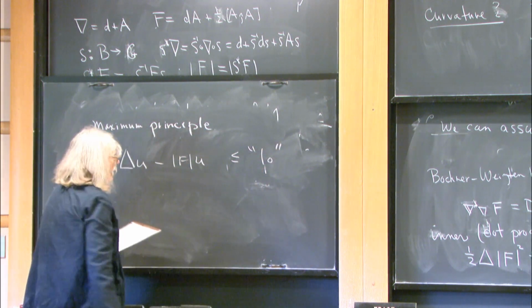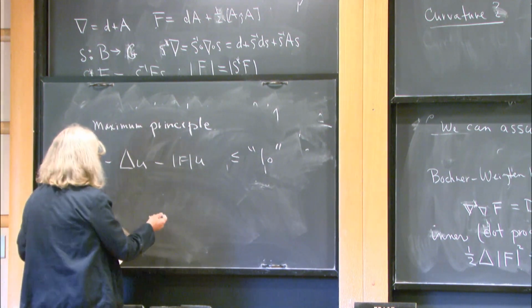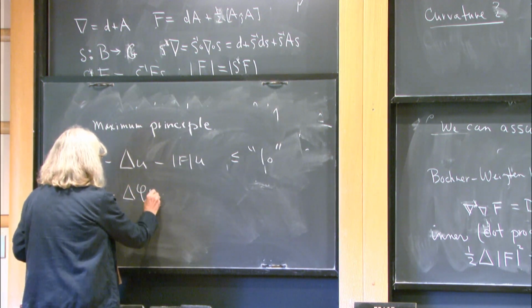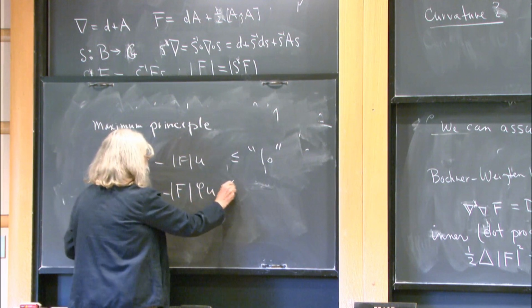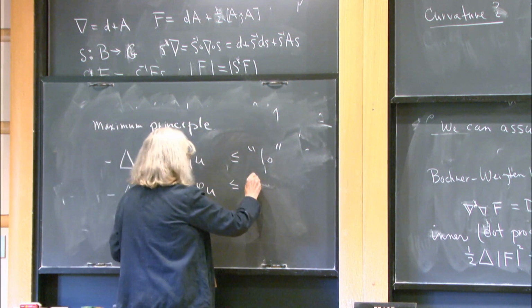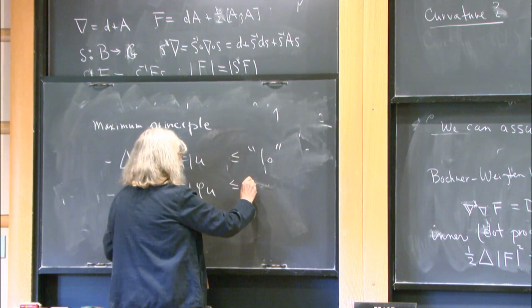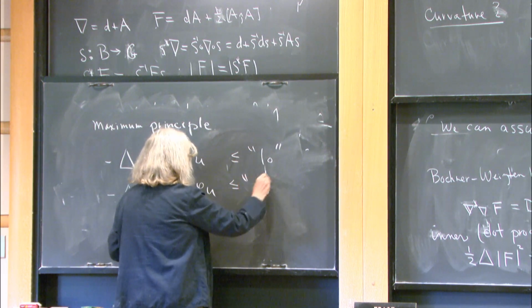I'm working in a disk. It's not global. So first thing I do is I cut off, and I get minus Laplacian of phi u minus f phi u is less than or equal to something lower order.